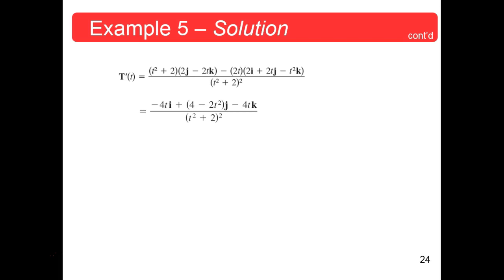Plus, and like I said before, when we're doing the j part, you got a 4 from here, and then you got a plus 2t squared and a minus 4t squared, plus 2t squared minus 4t, minus 2t squared j, and then the k part is going to be minus 2t cubed k minus 4t k minus 2t squared k.